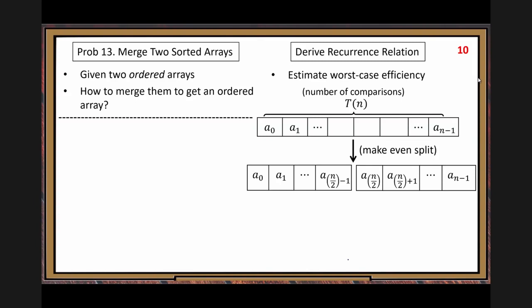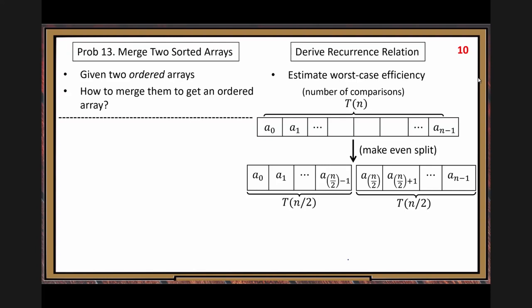Good approximation. All right, so let's assume to conquer each subarray, we need this T of n over 2. The problem size n over 2, and still the same T function gives us the number of comparisons for one of the subproblems. The second one also T of n over 2.